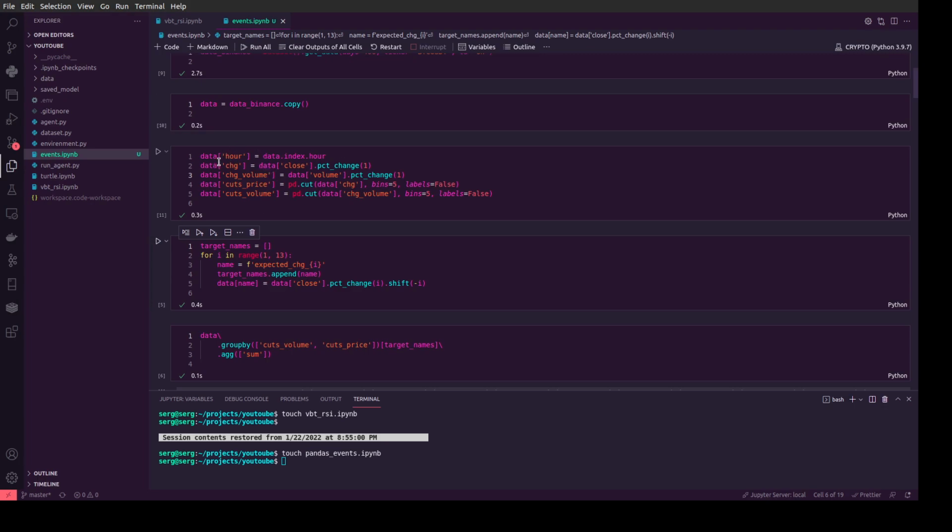So the hour and the number of the hour, because calendar statistics is a very powerful thing, because some big traders and big companies have some schedule, some behavior, and we could use this.